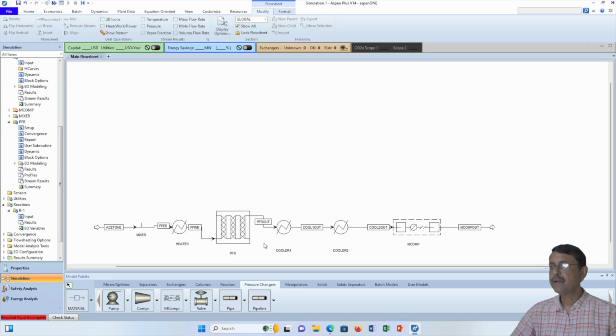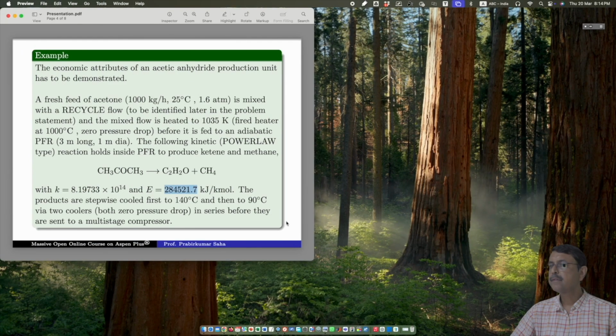Now there will be two coolers in series, and it will be cooled first to 140 degrees centigrade and then 90 degrees centigrade via two coolers, both with zero pressure drop.